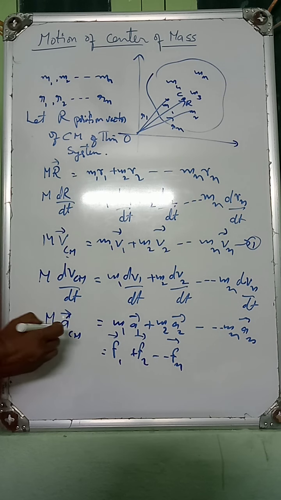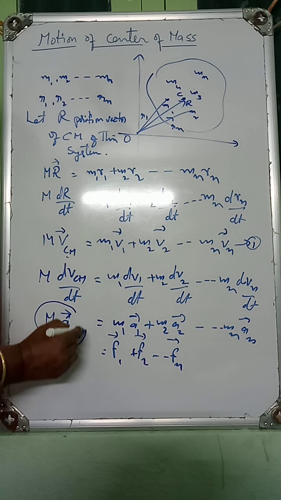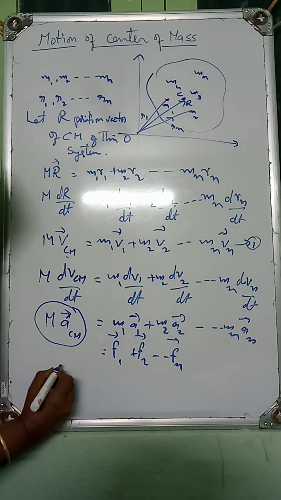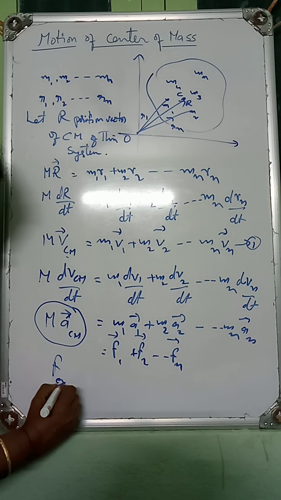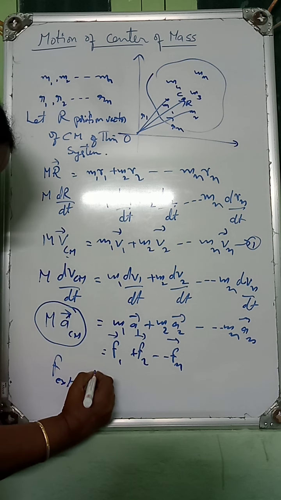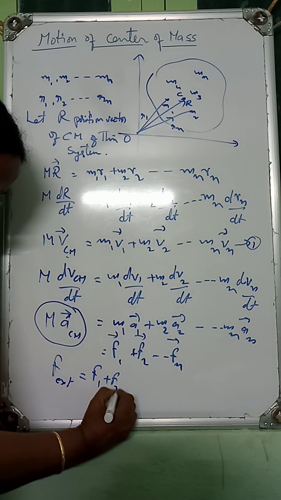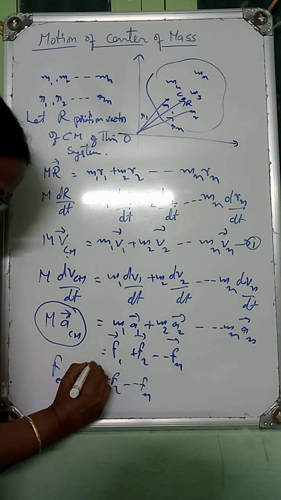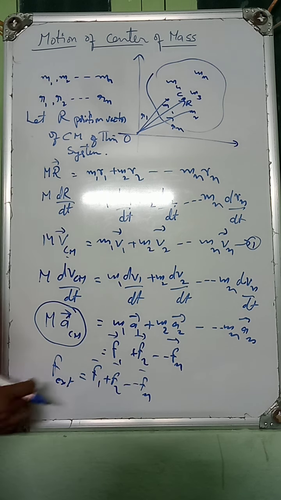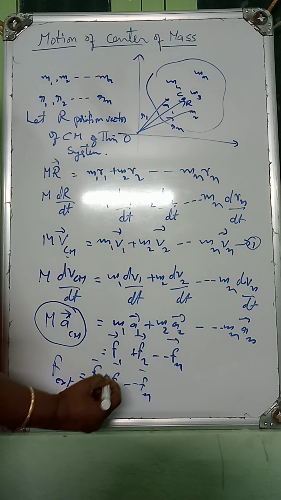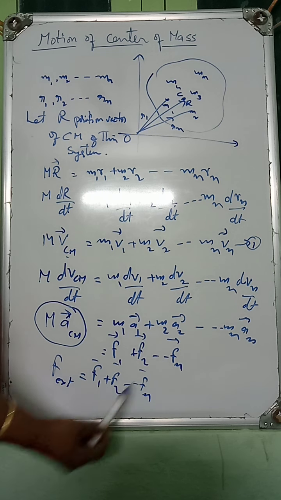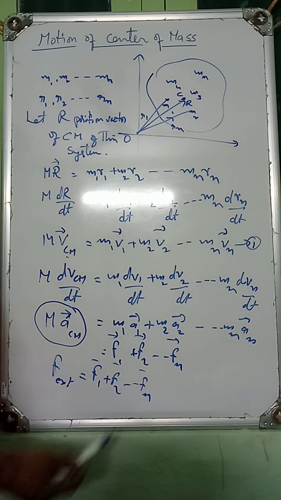What is M into acm? The total external force experienced by the system, that is F external, is equal to F1 plus F2, and so on up to Fn. The net external force experienced by the center of mass is equal to the vector sum of forces experienced by all particles in a given system.